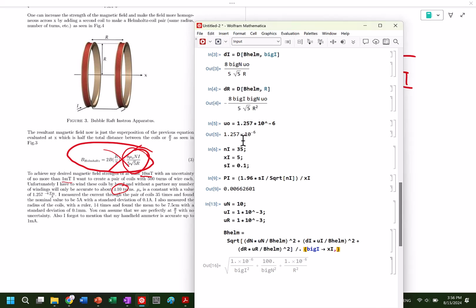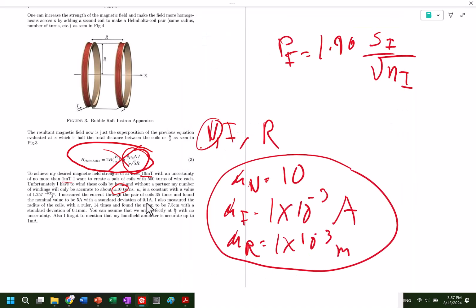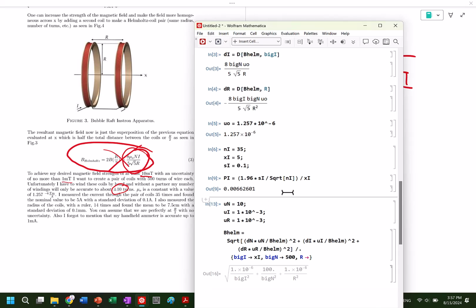500 turns. So big N goes to 500. And then big R, actually just do R. R goes to what? I do have some uncertainty in the radius.